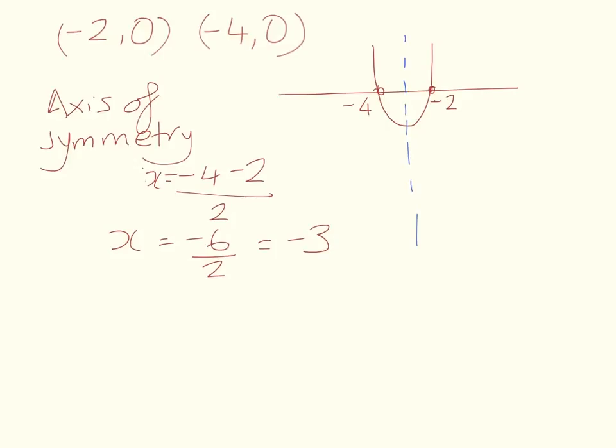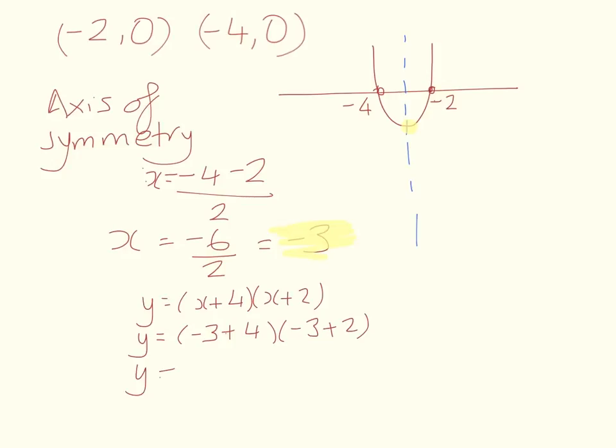So I know that this coordinate here is going to be (minus 3, something). And to find it out, I'm going to substitute x equals minus 3 into my equation. Okay, so my equation is y equals (x plus 4)(x plus 2). So I'm going to substitute x equals minus 3 in. It's going to be (minus 3 plus 4)(minus 3 plus 2).